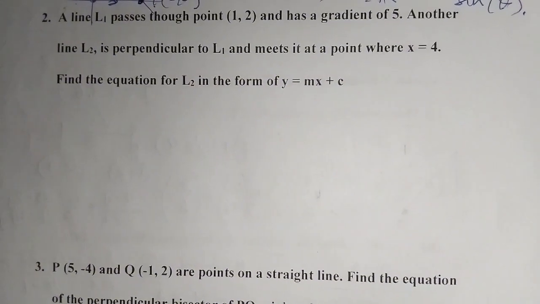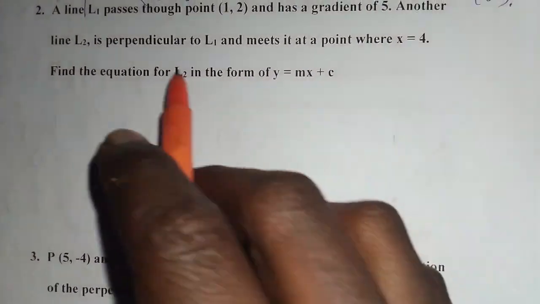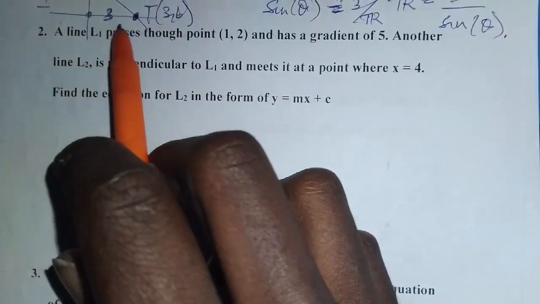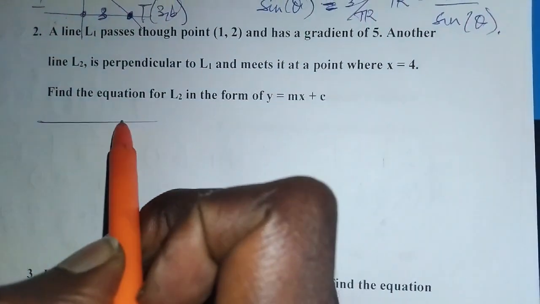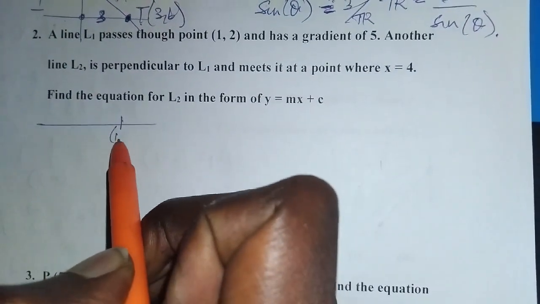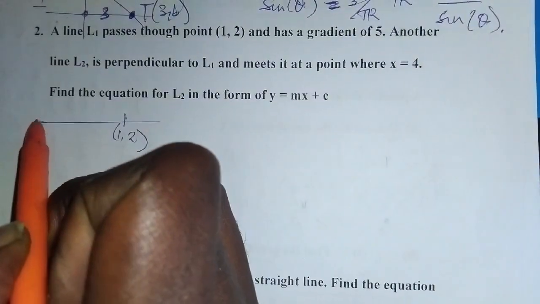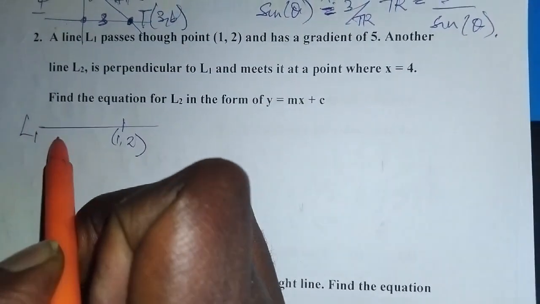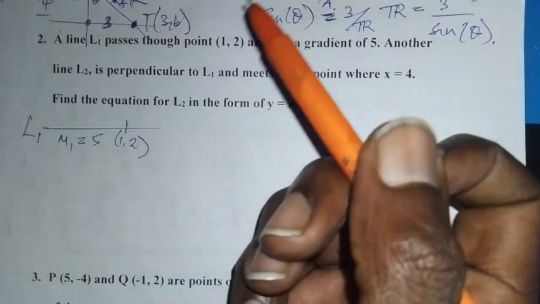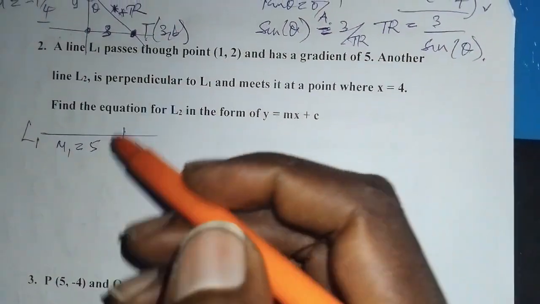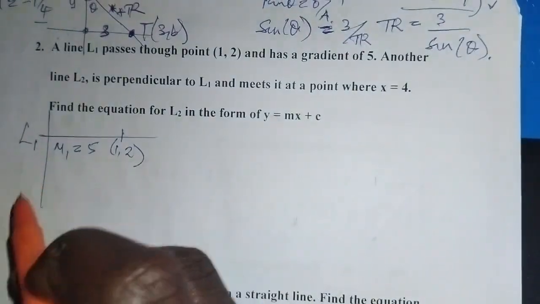Question 2 on equation of straight lines. A line L1 passes through a point 1, 2, and it has a gradient of 5. Another line L2 is perpendicular to L1.